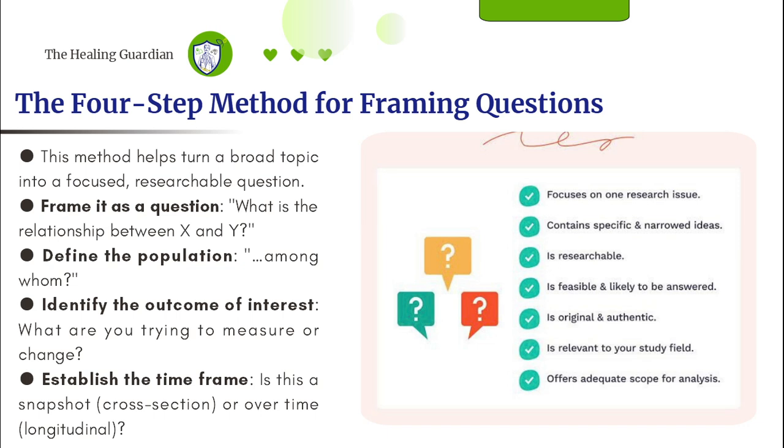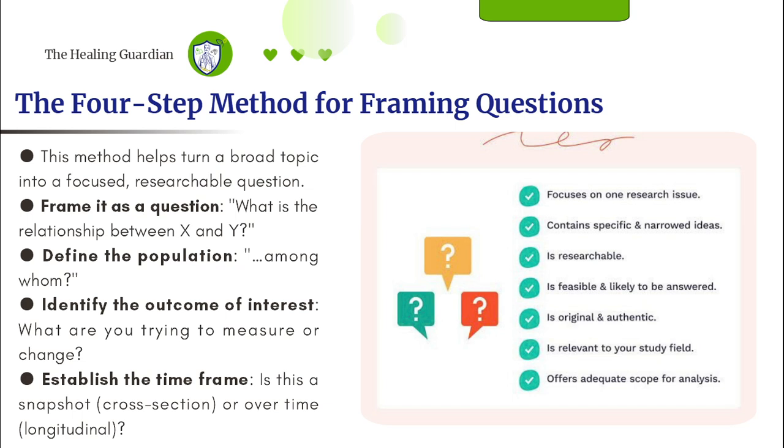If you use the other example of VHTs, if you have village health teams, maybe they are moving around in the village sensitizing about vaccination or about public health practices, you may say, what is the relationship between VHT home visits and child vaccination status? That is the first part. You first frame it as a question. It guides you that I'm looking at relationship, not an ambiguous question.